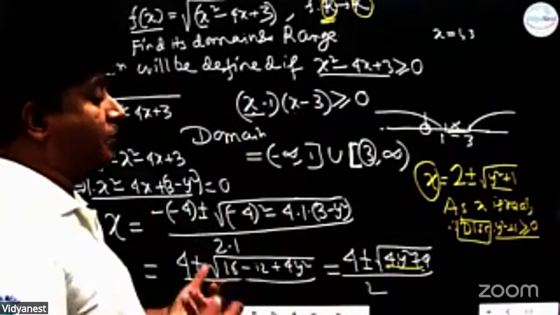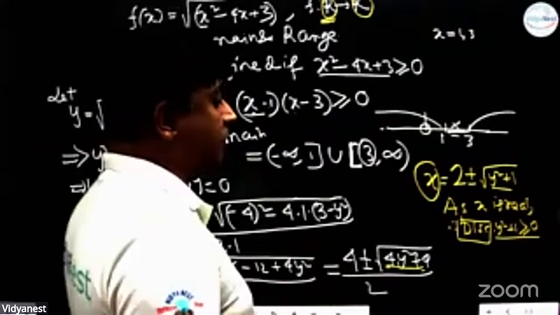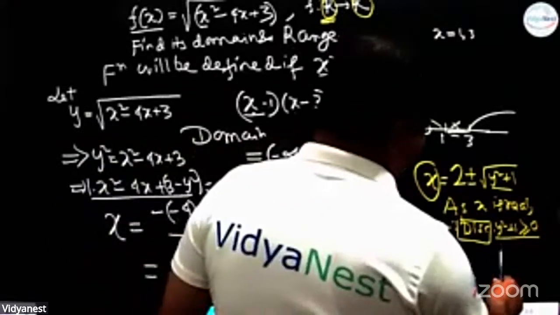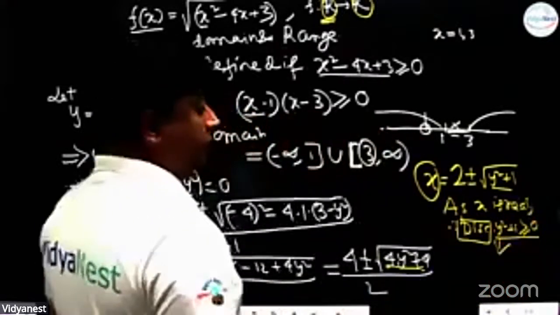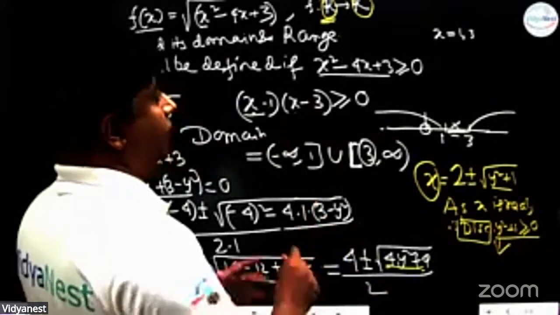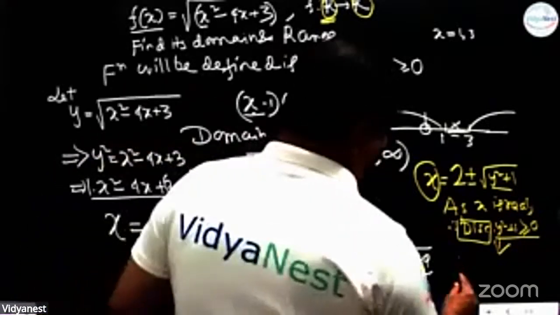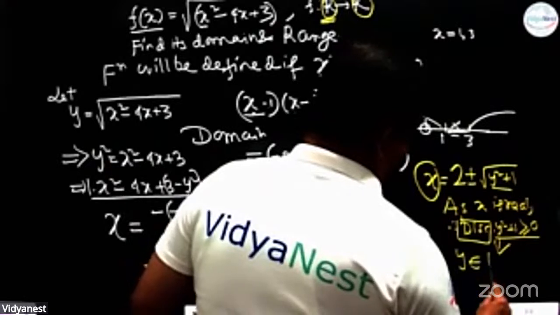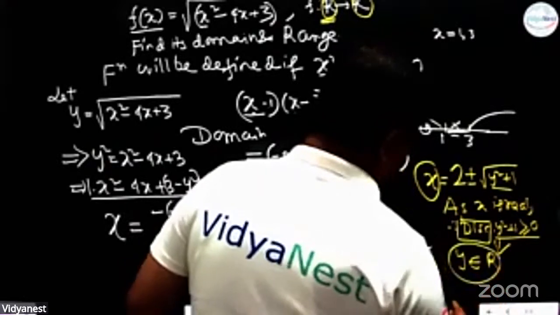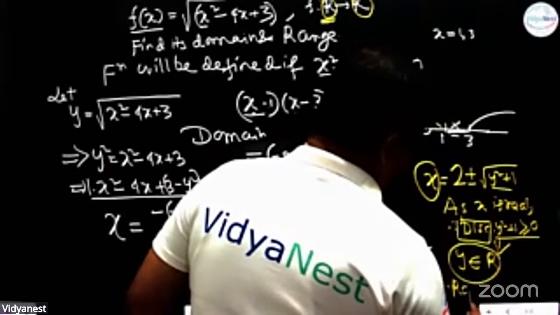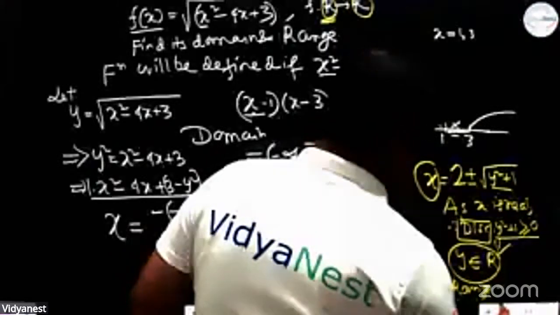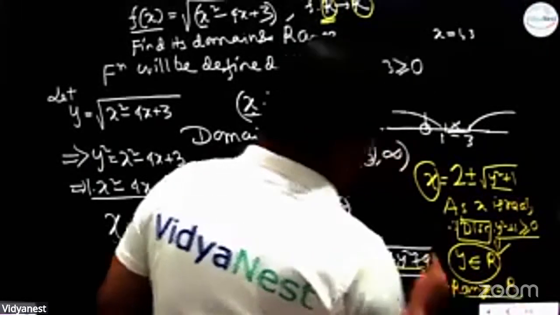Automatically it will be greater than or equal to 0. So what is the value of y to be chosen? All real values. So y must be all real values. Therefore range is all real values.